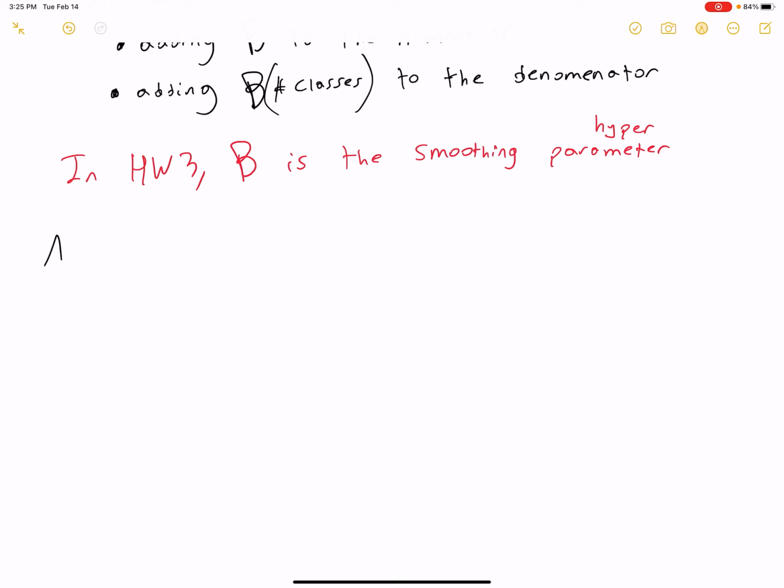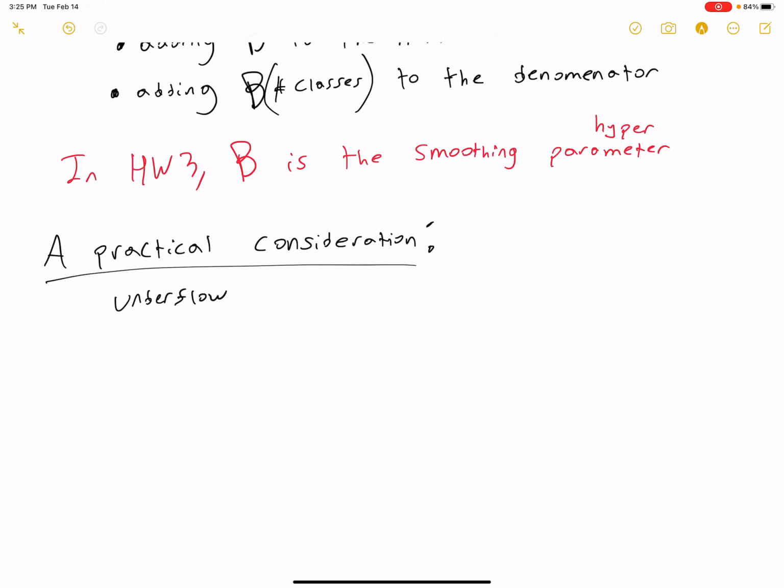So a practical consideration, and this is one of those other recurring themes in machine learning: underflow, when you multiply a lot of probabilities together.